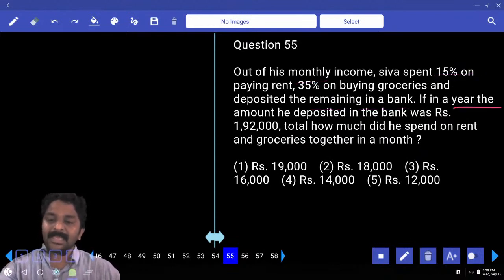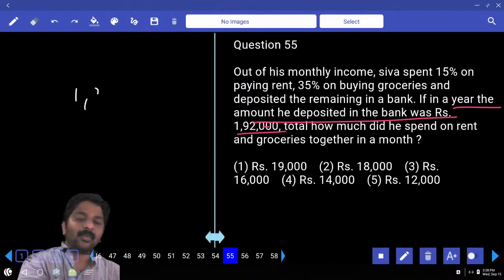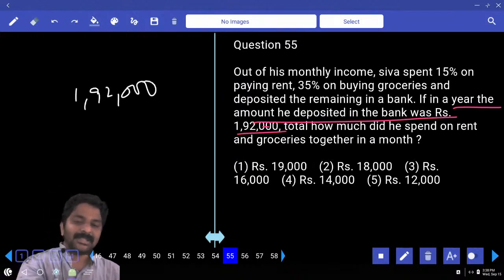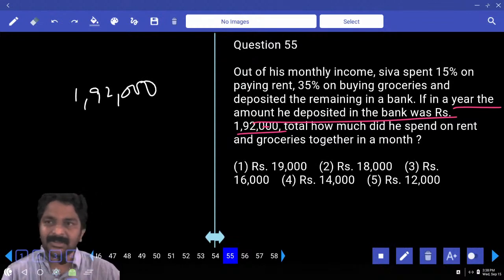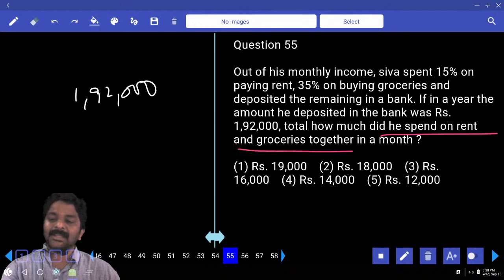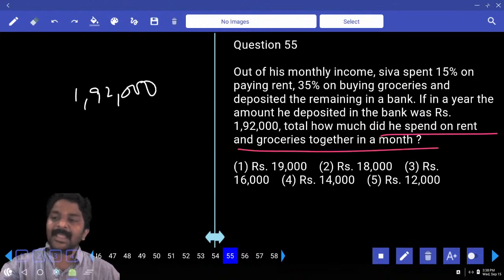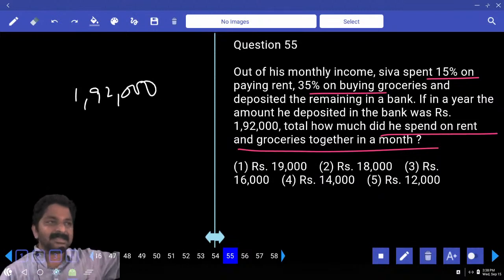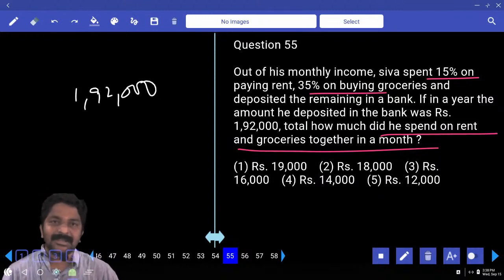If in a year the amount he deposited in the bank was 1,92,000, that means this value is 50% only. Next, how much did he spend on rent and groceries together in a month? Rent and groceries together is also 50%. Then that is also equal to 1,92,000.